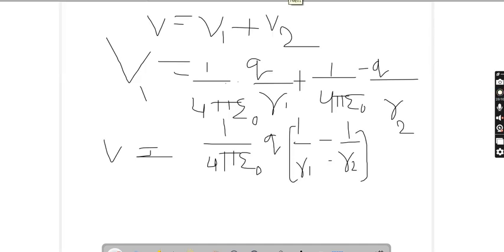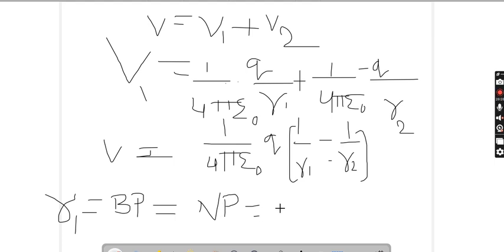So R1 is equal to BP, whose difference is also equal to NP. So OP minus NP can be written as OP minus ON. Look at the diagram while I'm saying.